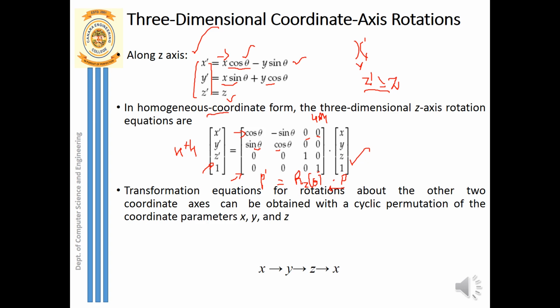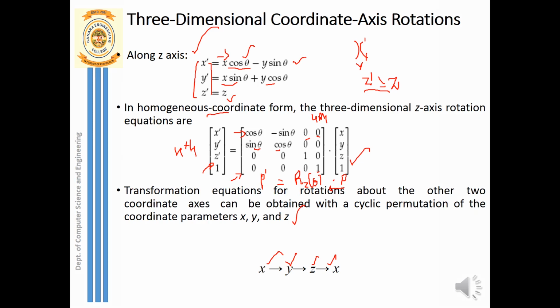You can perform it like this: first x, then y, then z, and then you come back and start again with x. The transformation equations for rotations about the other two coordinate axes can be obtained with the cyclic permutation of the coordinate parameters. So the cyclic permutation is in order x, y, z, and then again x.